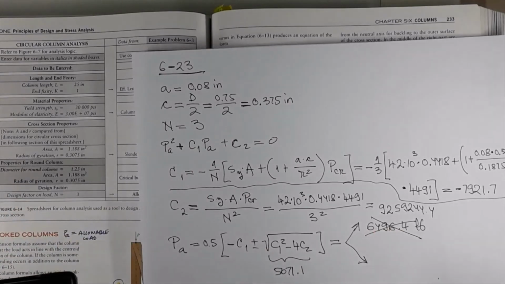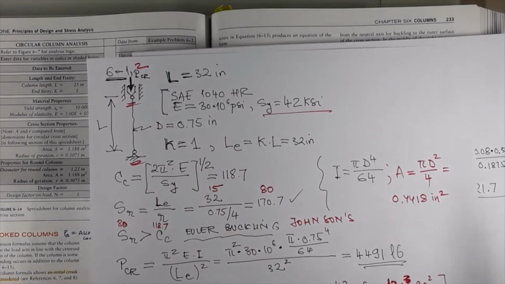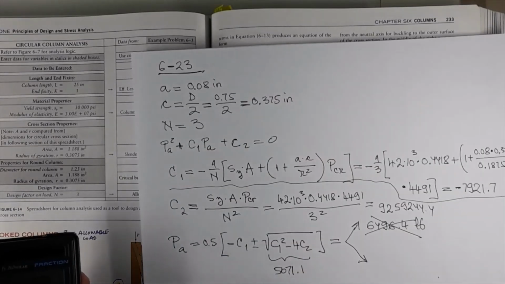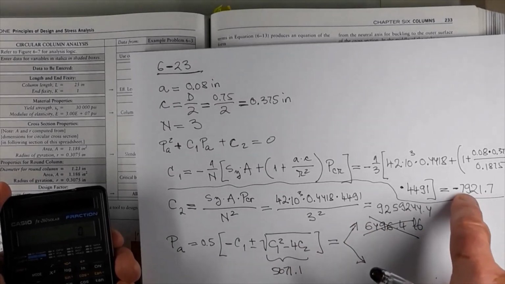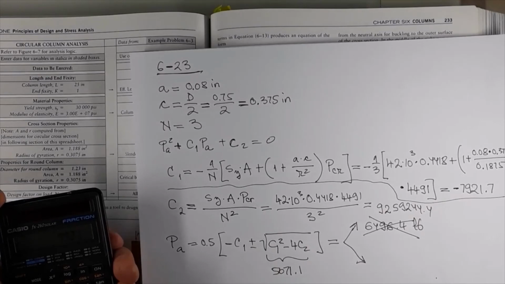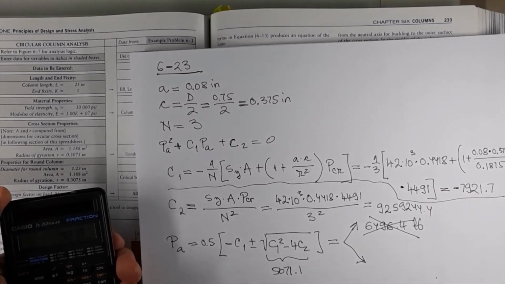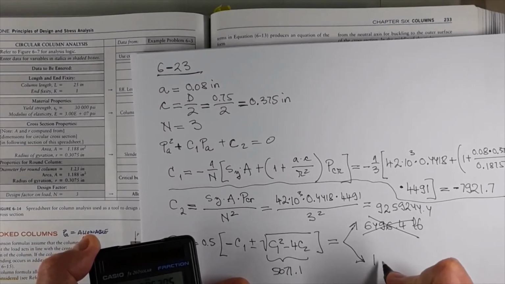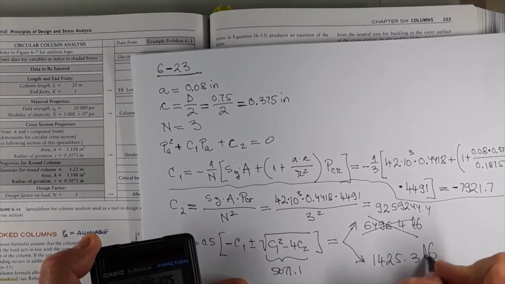And as I said, we're anticipating a value that is less than the perfectly straight column. All right, so again, negative, negative, so it's positive 7921.7, minus the discriminant equals, divided by 2 equals, and this is 1,425.3 pounds.